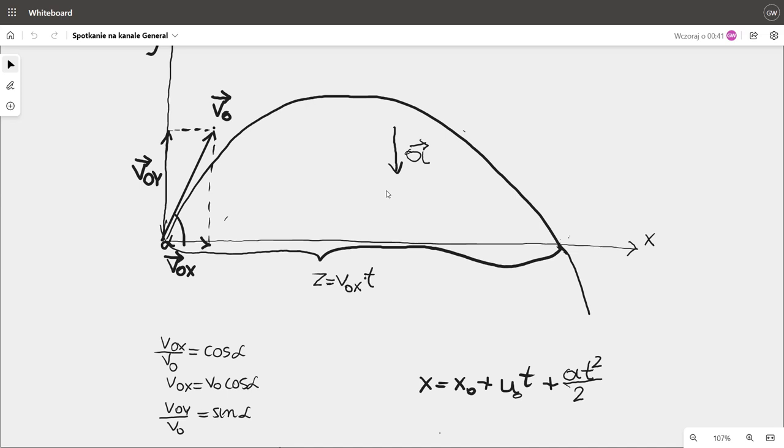It has the same value as the acceleration due to gravity near the surface of Earth. We choose x and y for the initial position of the thrown body equal to 0.